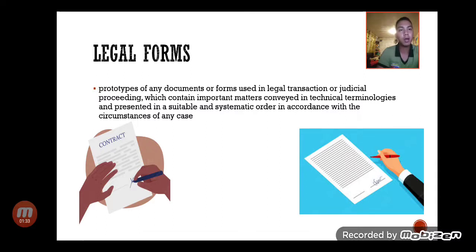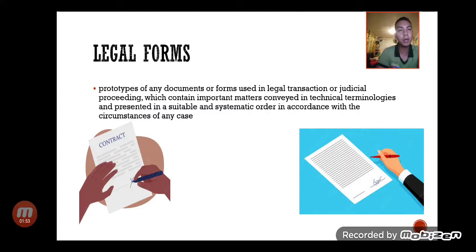Also, ang judicial forms such as warrants, affidavits, or any documents that are used in court proceedings or in judicial proceedings are also legal forms which fall under judicial forms.